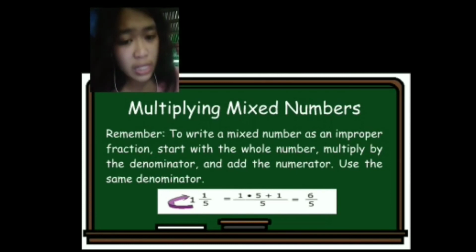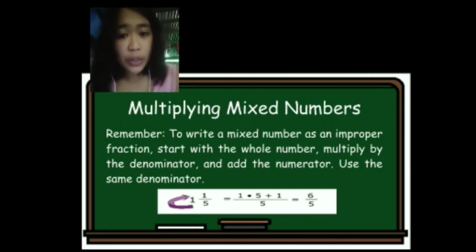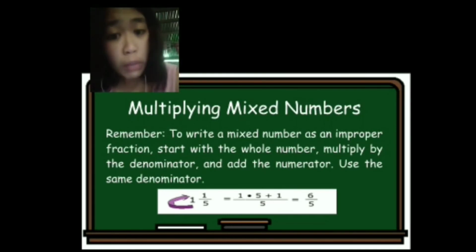As you can see in our slide, 1 and 1/5 is equal to 1 times 5 plus 1 over the denominator 5, which is 6 over 5. So in multiplying mixed numbers, you need to write the mixed number as an improper fraction: start with the whole number, multiply by the denominator, add the numerator, then use the same denominator. You need to remember that.